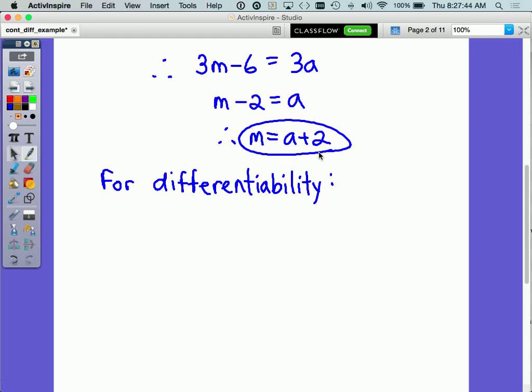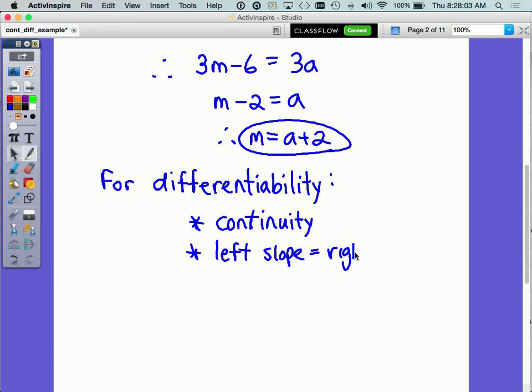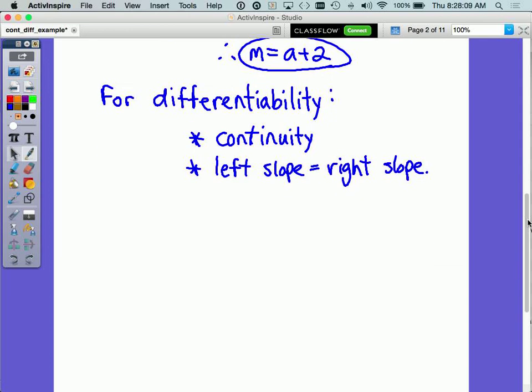So what I'm going to say here is for differentiability, I need continuity, which we've already established in the previous part, and I need left slope to equal right slope. Like I say, I've already done the first part.